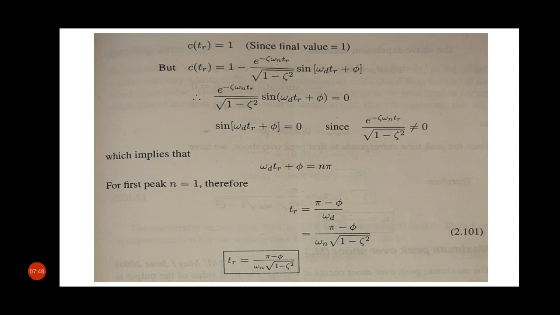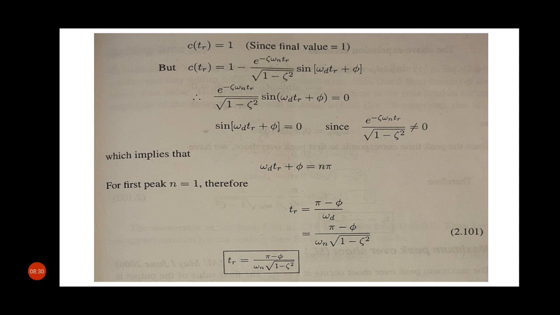But we know c(Tr) equal to 1 minus e to the power minus zeta omega n Tr divided by root under 1 minus zeta square sine(omega d Tr plus phi). Now put the value c(Tr) equal to 1 in this equation, then 1 cancels, and we get e to the power minus zeta omega n Tr divided by root under 1 minus zeta square into sine(omega d Tr plus phi) equal to 0.